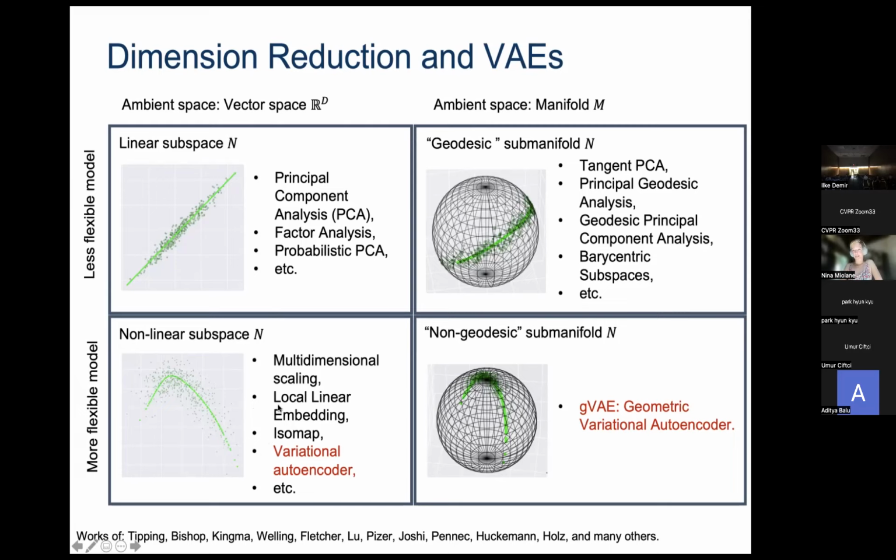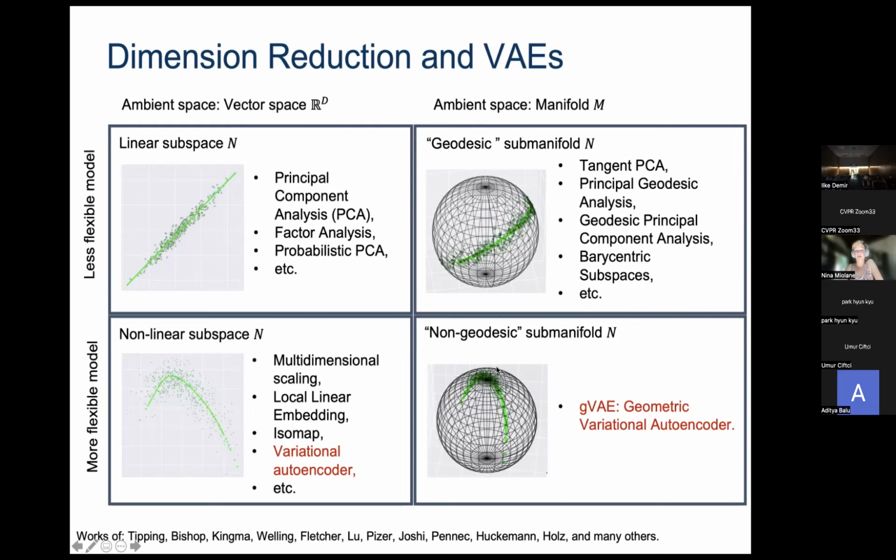I'm going to present how we can generalize this VAE, presented from this geometric perspective, to geometric VAE, or VAE on manifolds, which is what is shown on the bottom right. So now the setting is that the ambient space is a manifold.